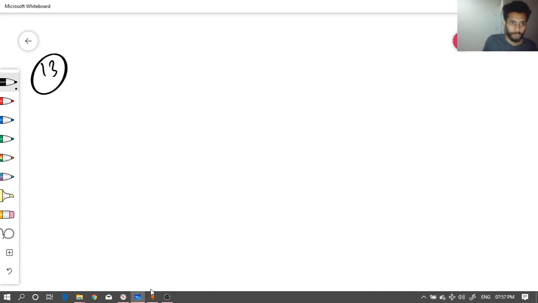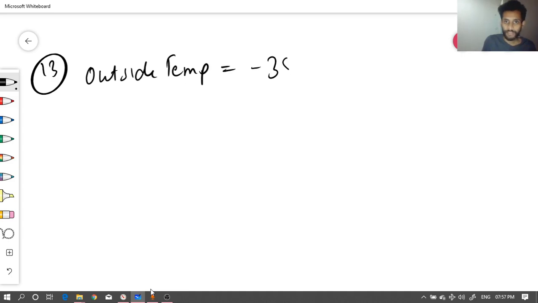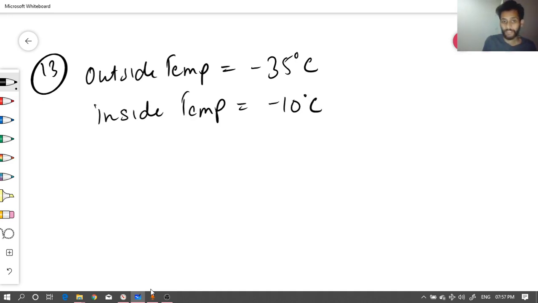So first of all we will write the outside temperature. Outside temperature is minus 35 degrees centigrade and the inside temperature is minus 10 degree centigrade.